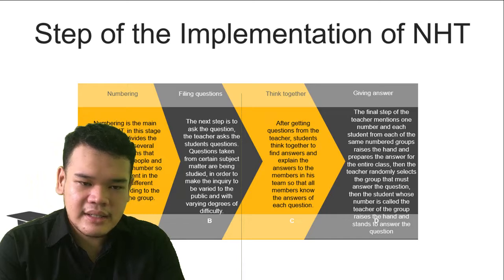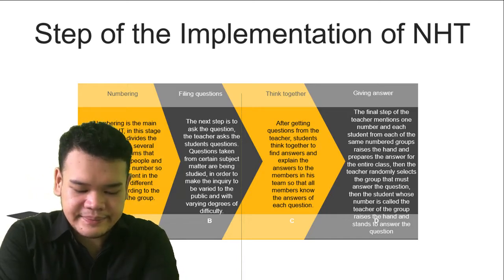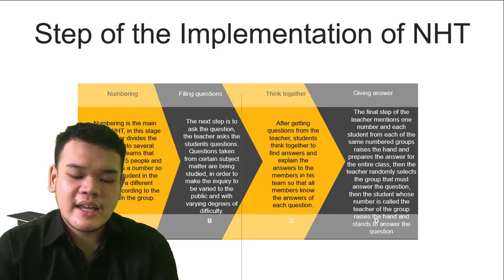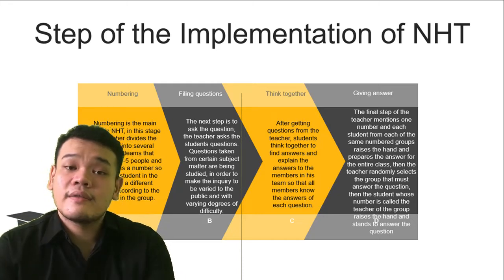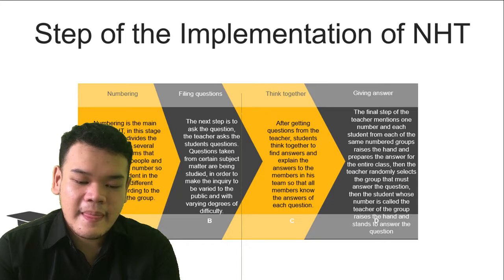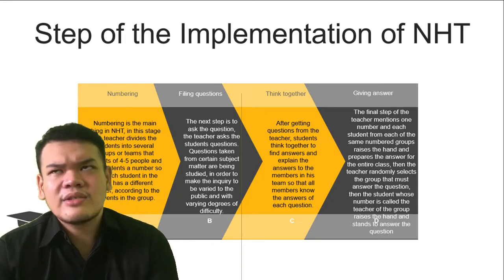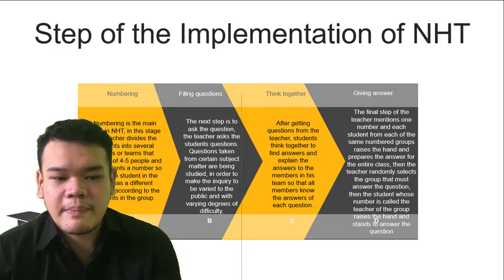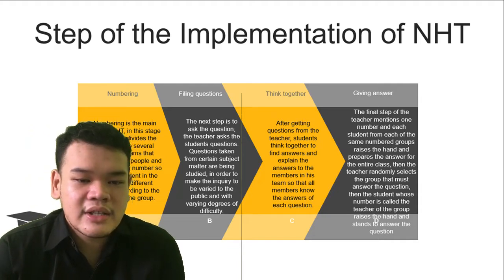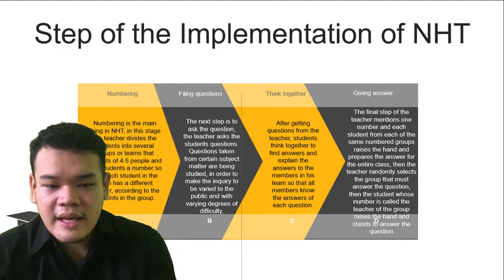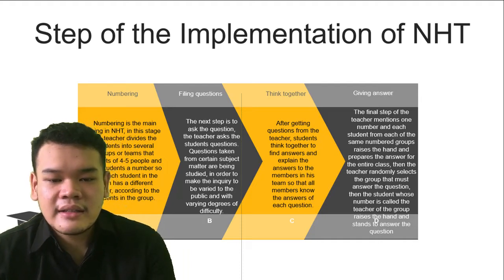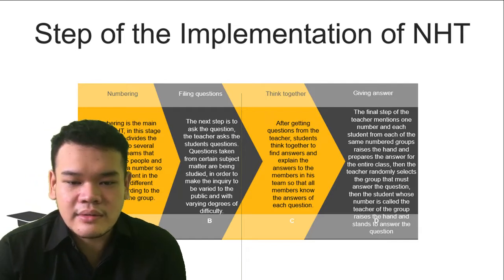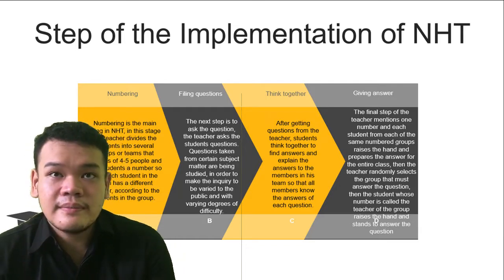The third step is think together. After getting the question from the teacher, students think together to find the answer and explain the answer to the members of their team, so that all members know the answer to each question.